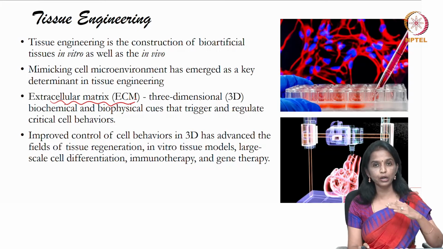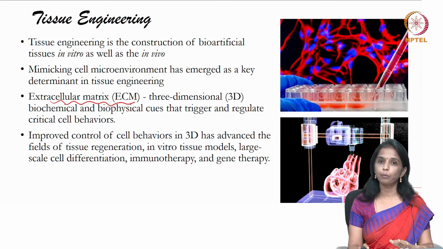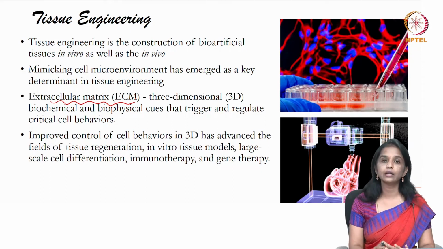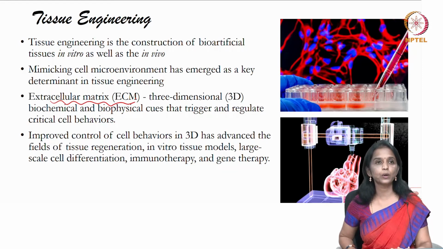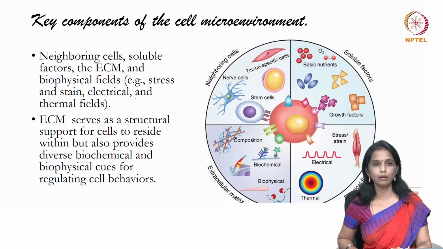As we keep controlling the extracellular environment in a perfect way, the effects on cell behavior would be much better controlled, and the outcomes would be very specific and more desirable. That is why mimicking the microcellular environment is very important.